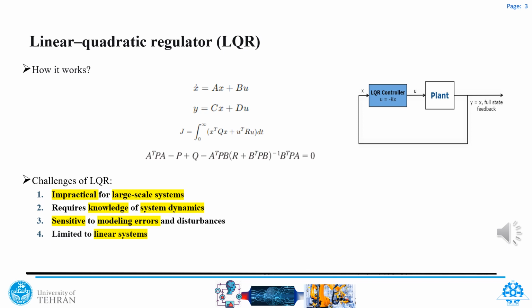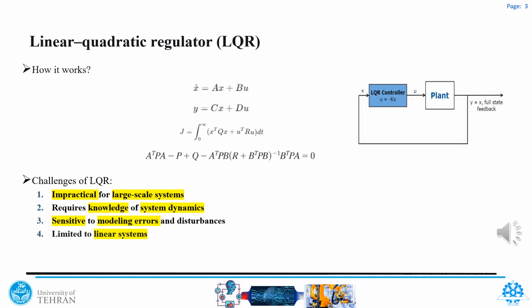LQR can give us an appropriate balance between system state regulation and the cost of control actuation. But the question is how it works. For calculating the optimal policy, we should have the dynamic of our system, which can be challenging in some tasks.